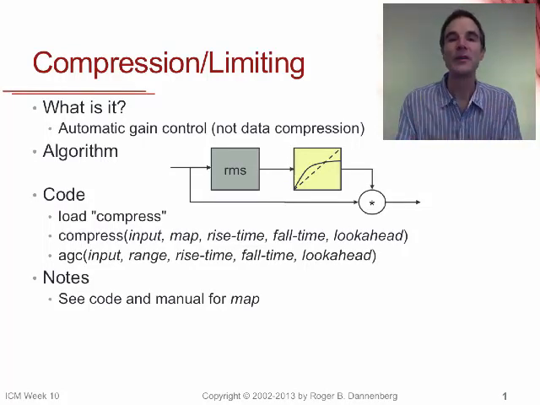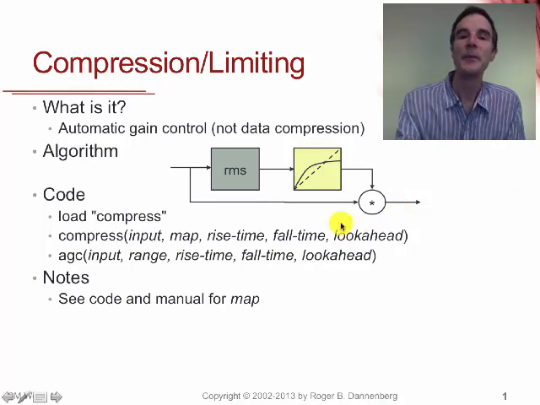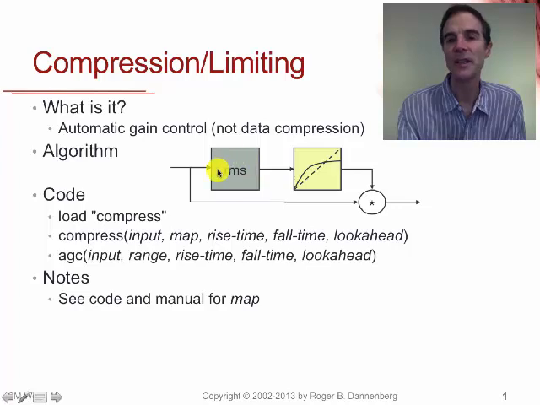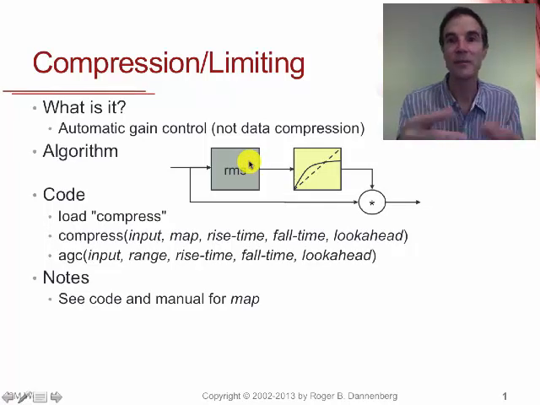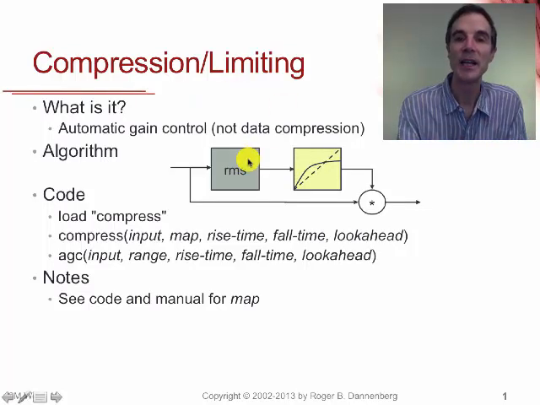So this is all done with various kinds of automatic gain control. And the basic algorithm is this. We take a signal in and measure the loudness, or actually the amplitude of that signal, usually using a root mean squared algorithm, which is just computing a kind of average amplitude of the sound.